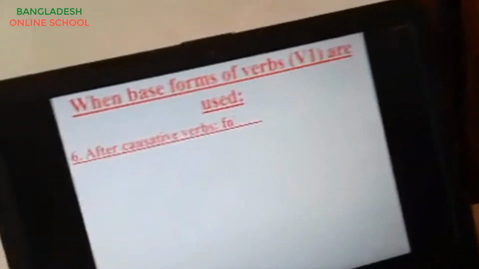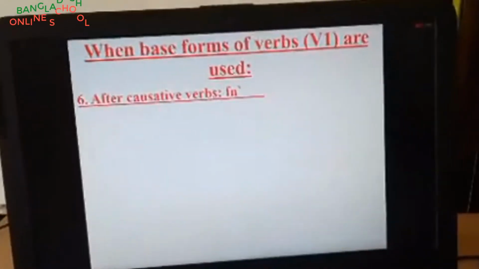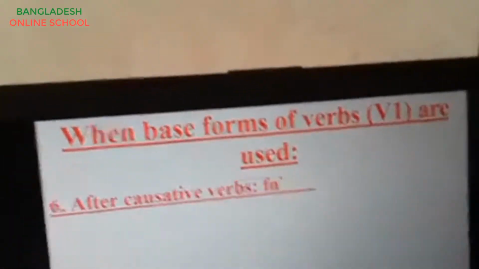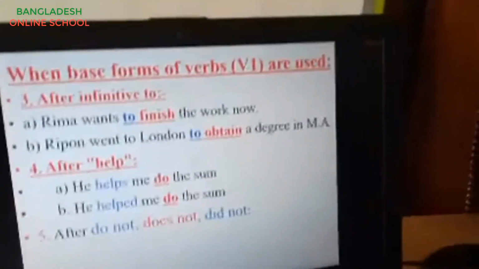After causative verb, base form of verb is used. You know what the causative verbs are? I will show causative verbs.